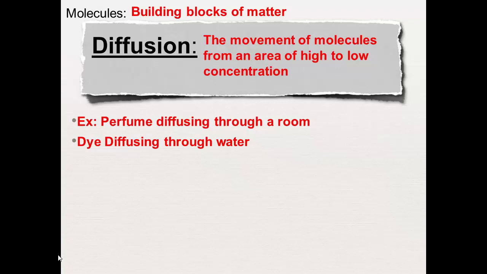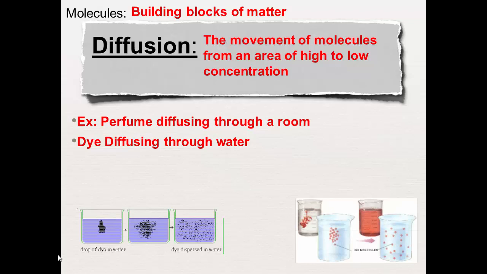What's going to happen to it? It starts off under a high concentration, but what are these molecules doing? They're spreading out. The molecules are diffusing throughout the water. And after a little while, we'll see that that's going to look just uniformly red. The molecules have diffused. So those are some examples of diffusion.